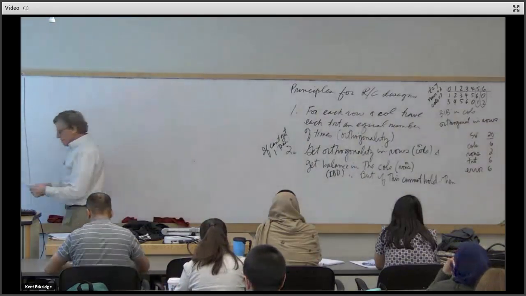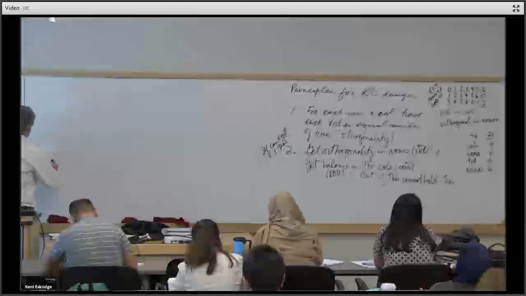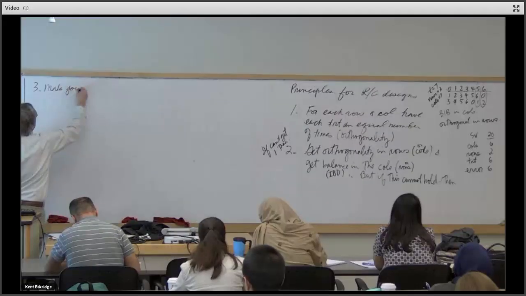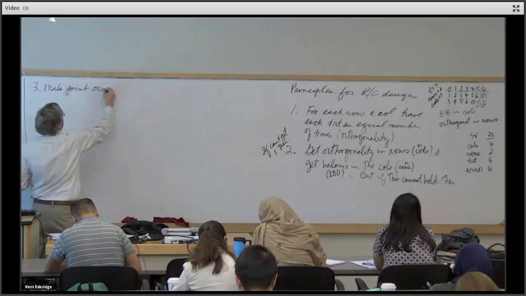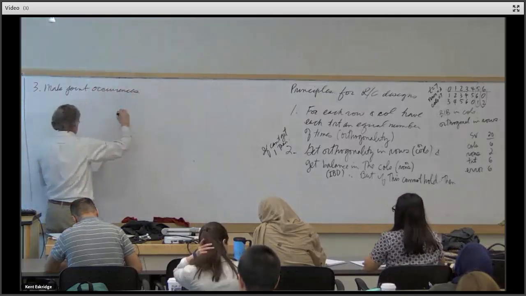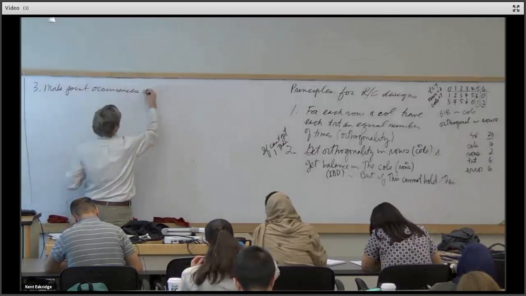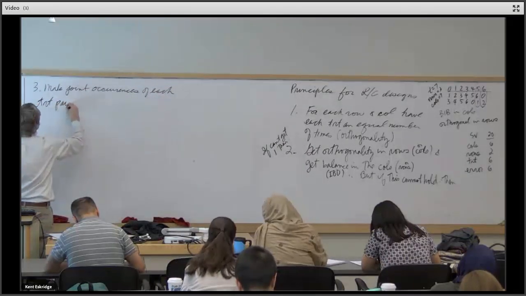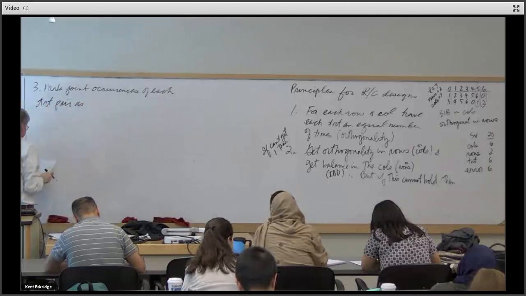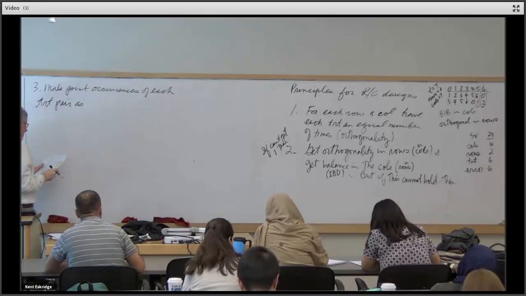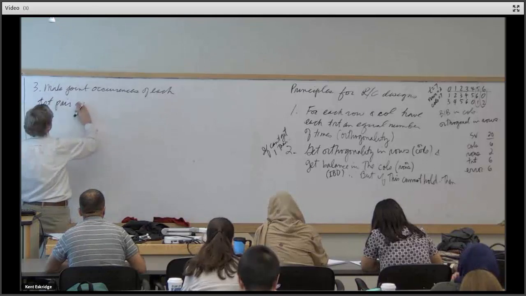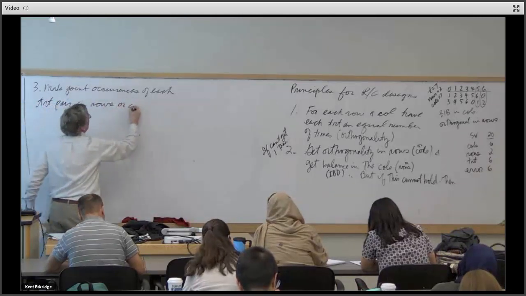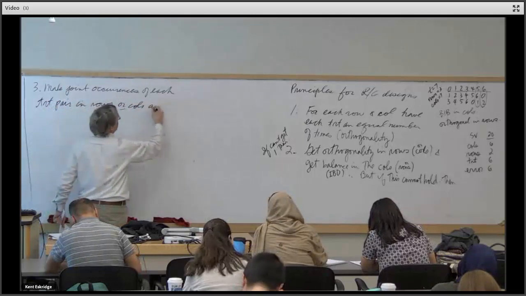Okay, so the third defining principle is we want to make the joint occurrences of each treatment pair in rows or columns as equal as possible.